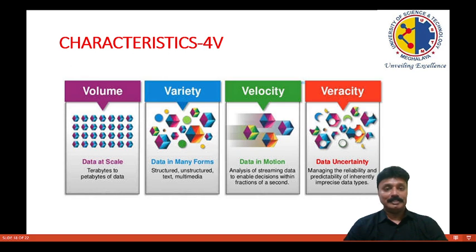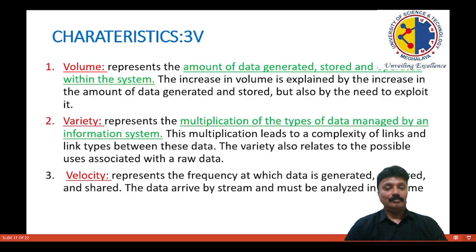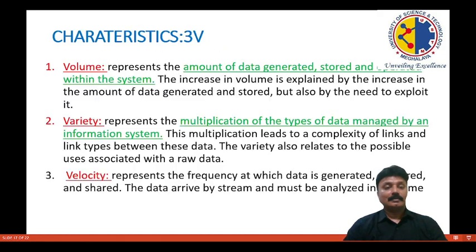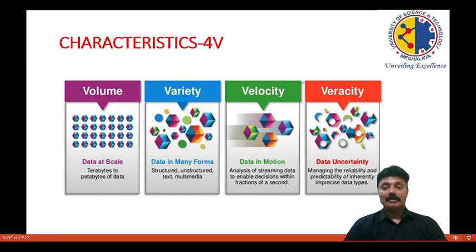Now the characteristics for 4V. In addition to volume, variety, velocity, you can see veracity is also a factor. So the volume indicates data at scale. The variety indicates data in many formats.